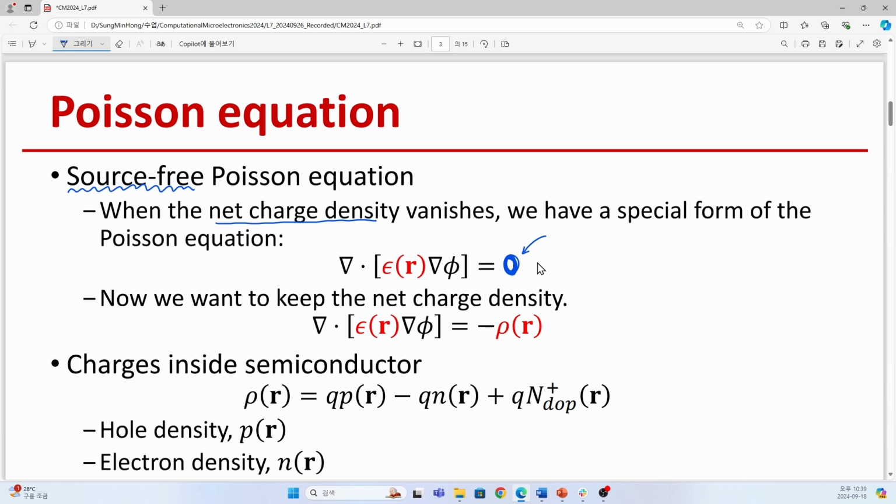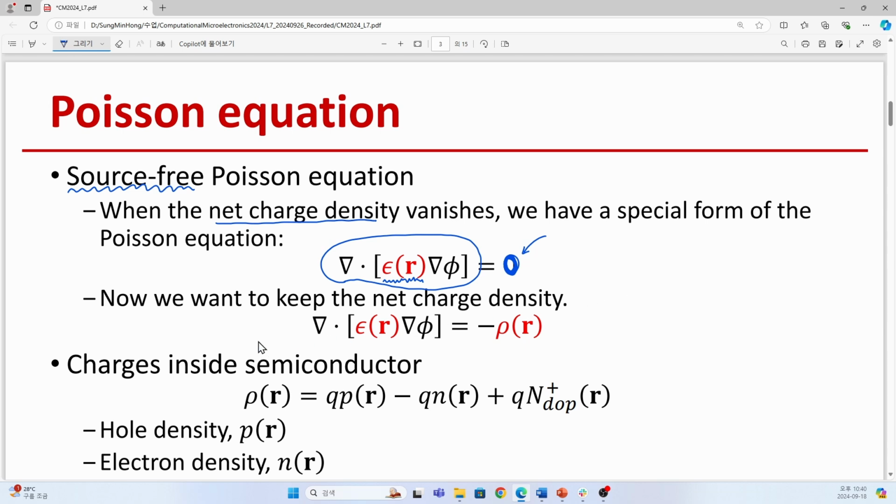In that case, we were able to discretize the left-hand side of our Poisson equation, even if the permittivity changes along the position coordinate.